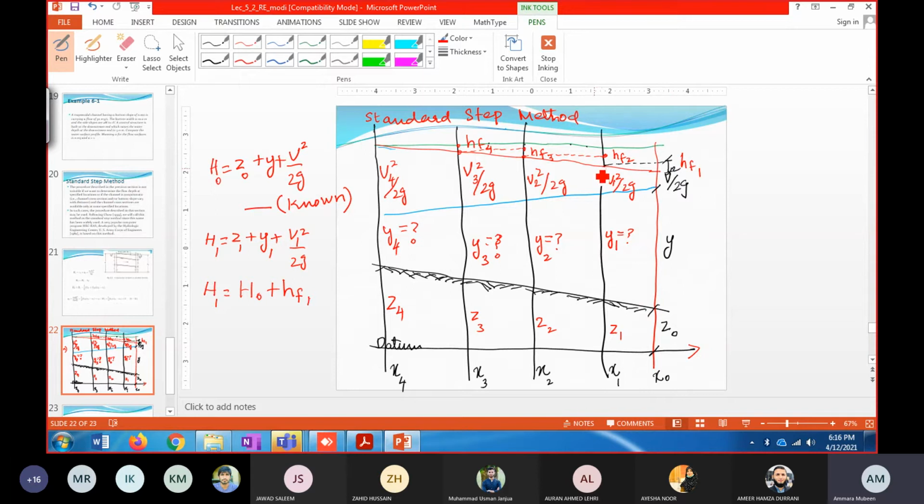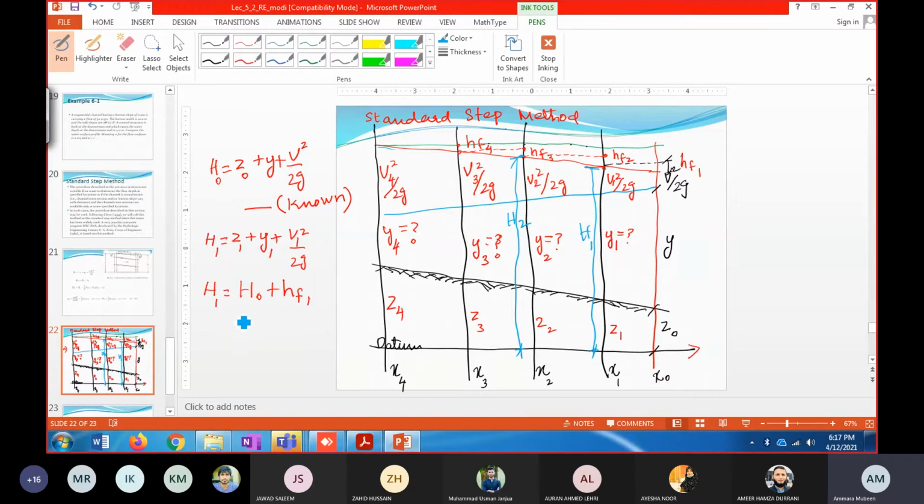H naught is the total energy at section 1. H1 is from this point to that. So this is H1. And similarly, H2 would be from this point to that. This is H2.